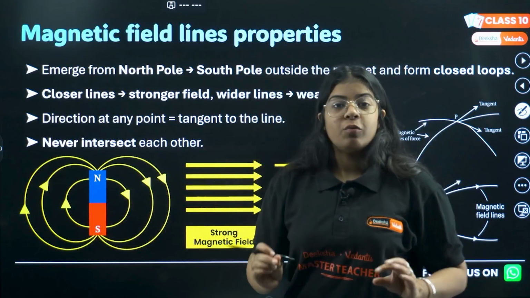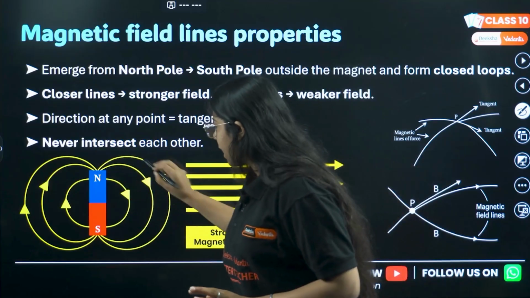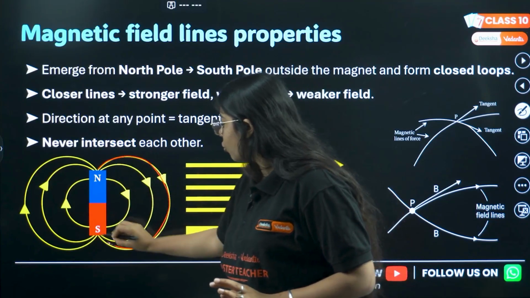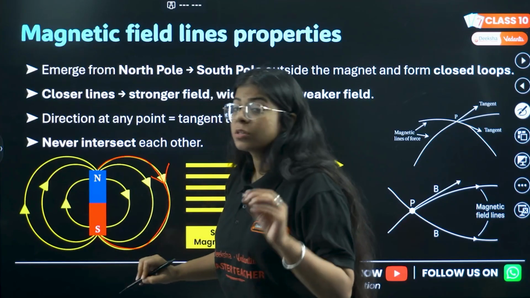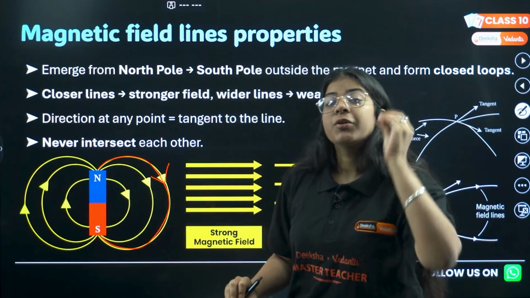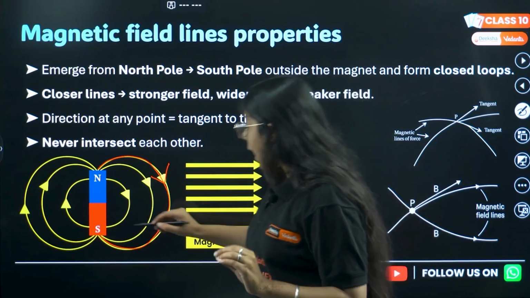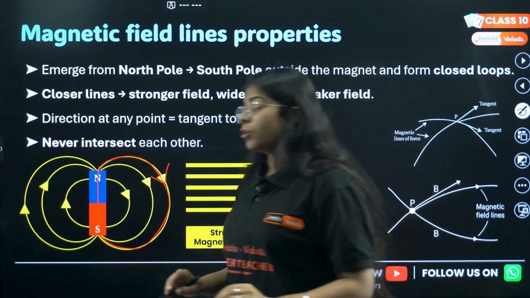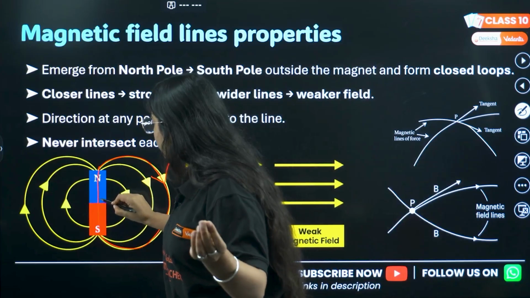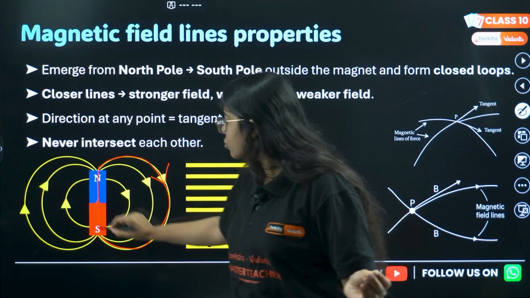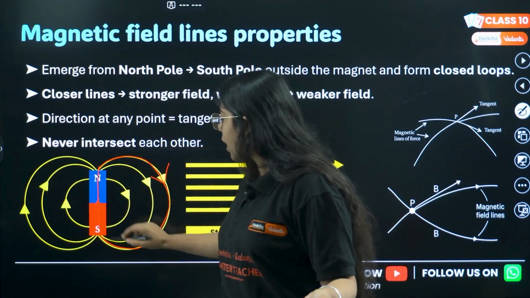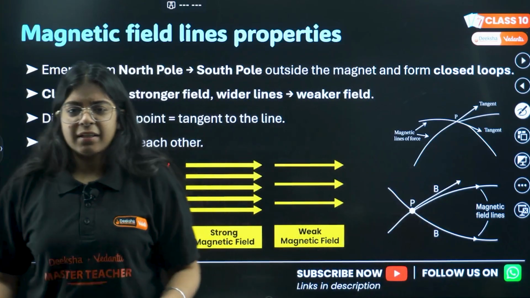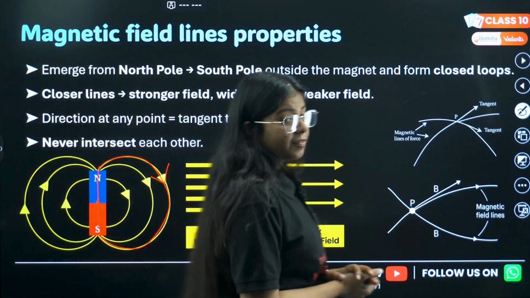Always remember, outside the magnet, the magnetic field lines will always go from north to south, and inside the magnet they travel from south to north. Of course, to close the loop, if they go north to south outside, they go south to north inside the magnet. Very good, right? So the first part is done.